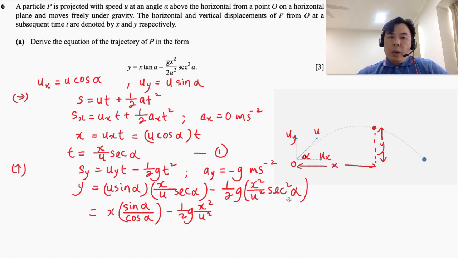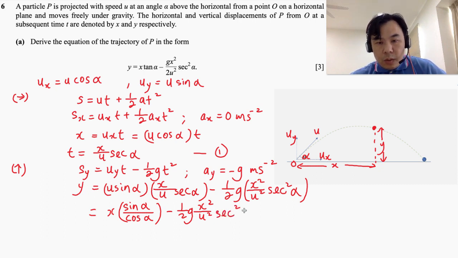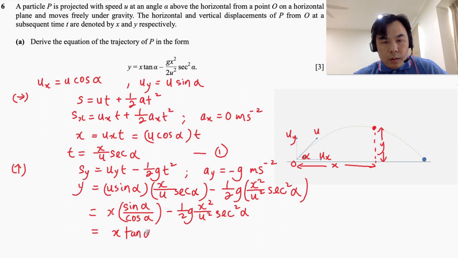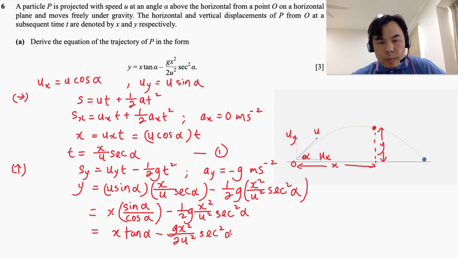Now secant square, of course, you can change it to tangent square and so on and so forth. But since the question only wants it to be secant square, then we just keep it secant square. And then simplifying this further, we eventually reach this conclusion here. And there you go, that is the proof for the trajectory equation, right?